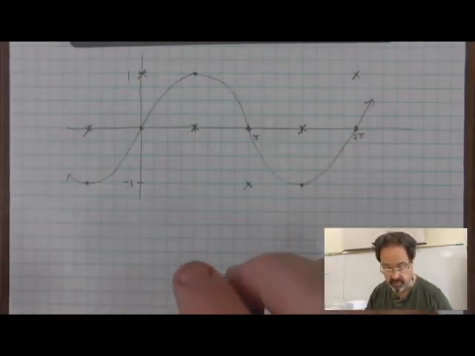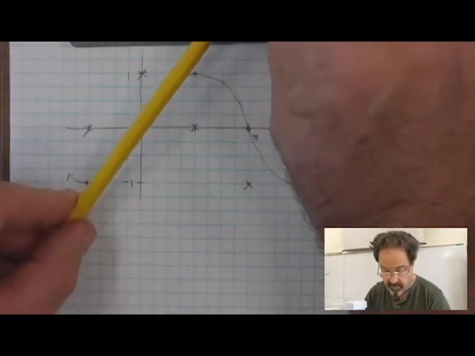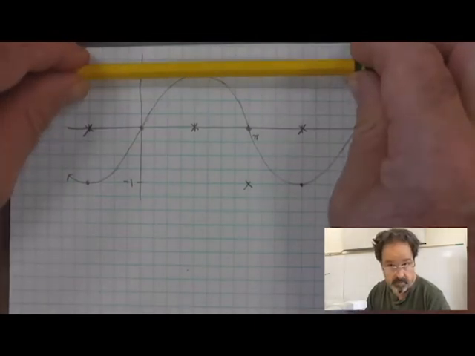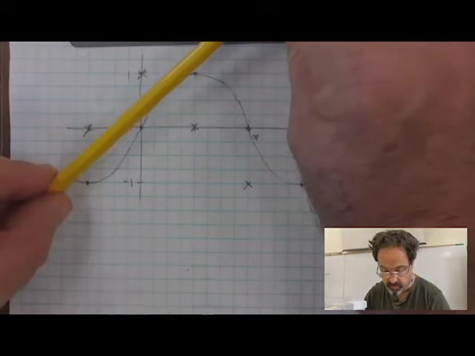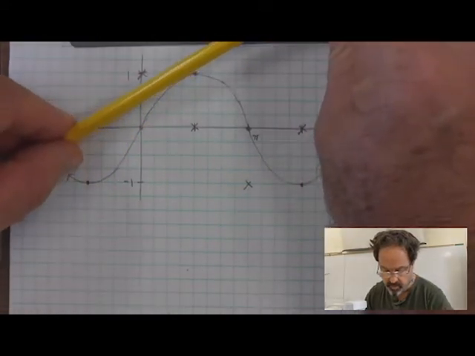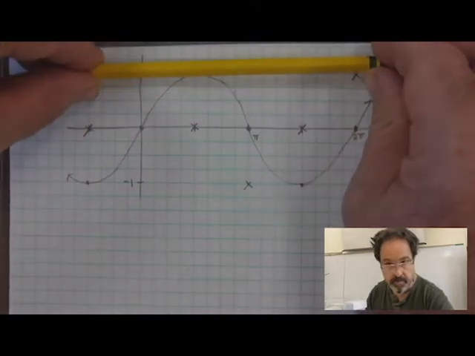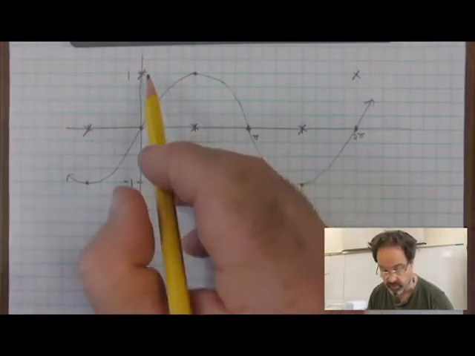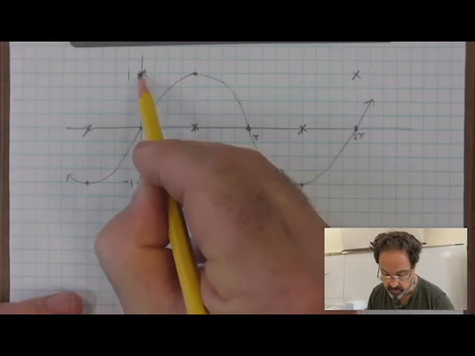But the decrease isn't uniform. The change in the tangent line isn't linear or constant. The tangent lines change more slowly here, and then as we get closer to 0, the rate at which the tangent line is leveling off increases a little bit. So I would connect these points not with a straight line, but a curve to reflect that behavior.